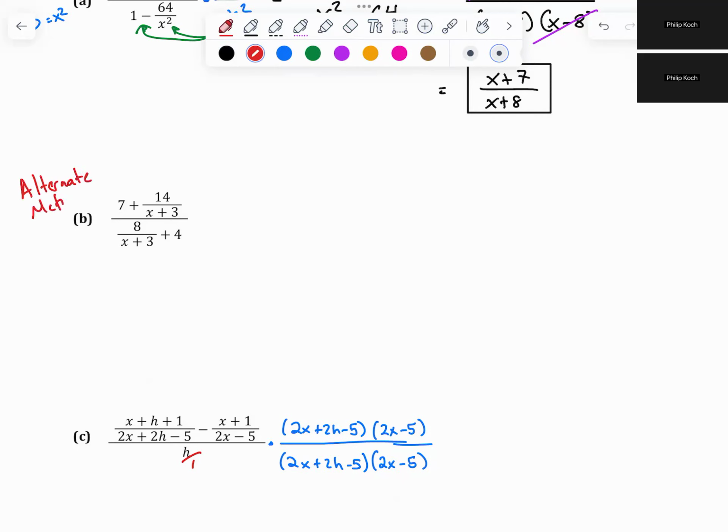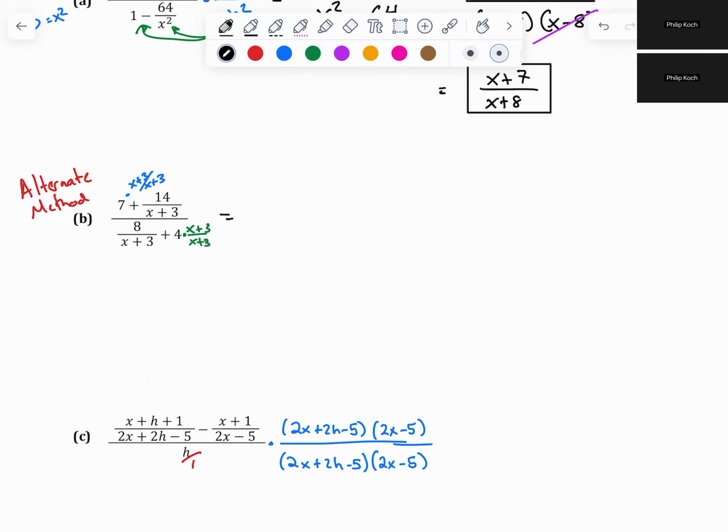That's what Alex was having. The 7 is missing a denominator of x plus 3, so I'll multiply it by what it's missing. And similarly for the denominator, I'll multiply the 4 by what it's missing, its common denominator, which would also be x plus 3.